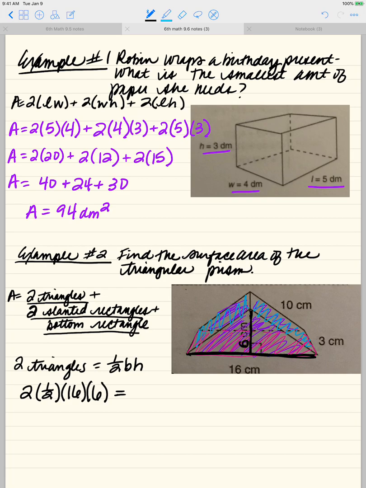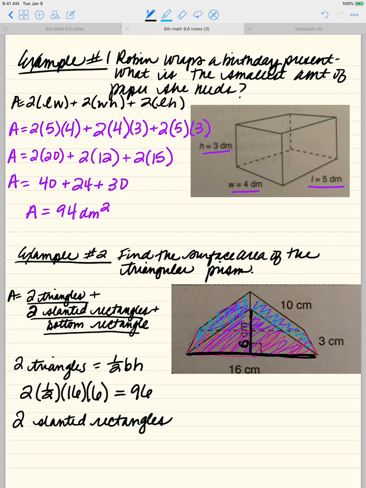And I need to grab my calculator really quick, and that is 96, okay? Then we have the two slanted rectangles, which are marked in that light blue, okay?